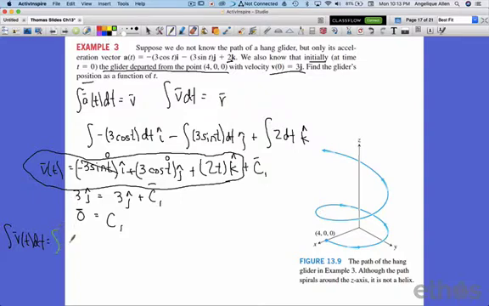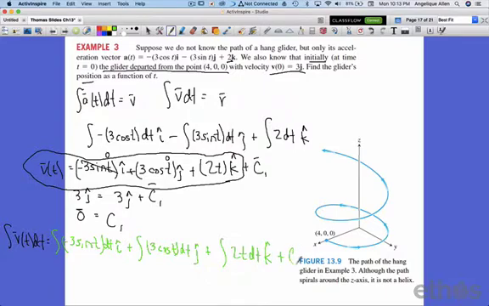All right, so the integral of negative 3 sine t dt i, and then the integral of 3 cosine t dt j, and then the integral of 2t dt k, excuse me, 2t dt. Please be thorough in how you write expressions. Some people leave off their dt's and it's wrong. So don't leave those off.